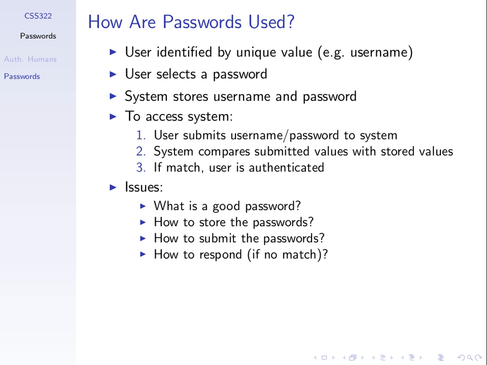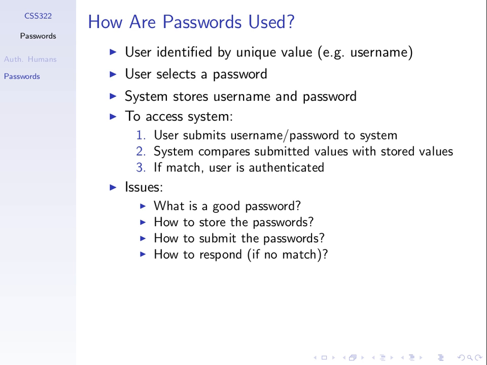The system takes the username and the supplied password, calculates the hash, looks up user 1, takes the hash value h1, and compares it to the hash of the password supplied. If they match, it assumes the user is authenticated.